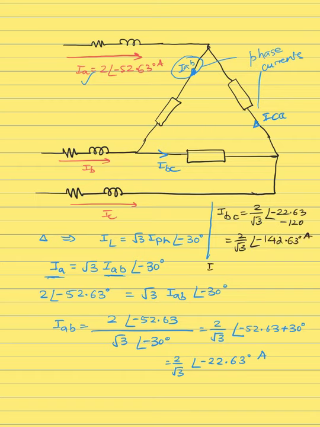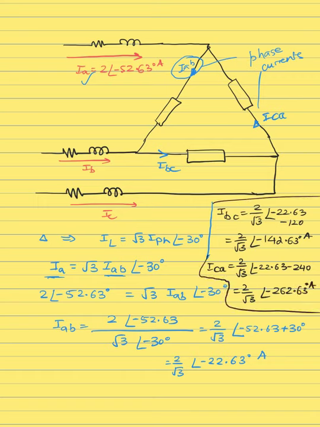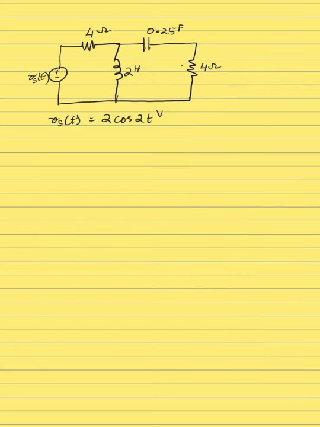Similarly, ICA is 52.63 over root 3 at negative 22.63 and negative 240, which gives negative 262.63, in amperes. So that's how you calculate the three phase currents.